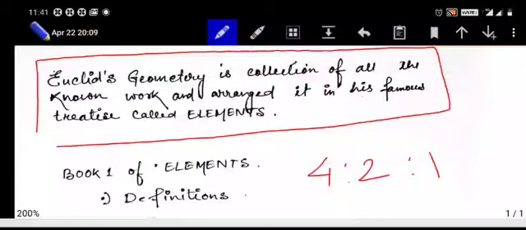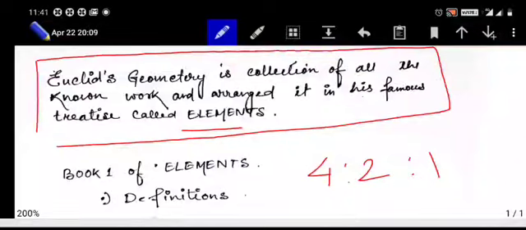So all the different works and shapes, Euclid collected and arranged in his famous treatise called Elements, meaning book or writings.